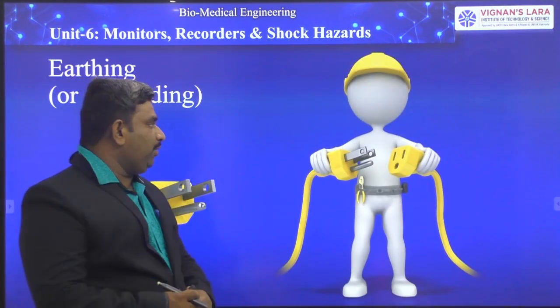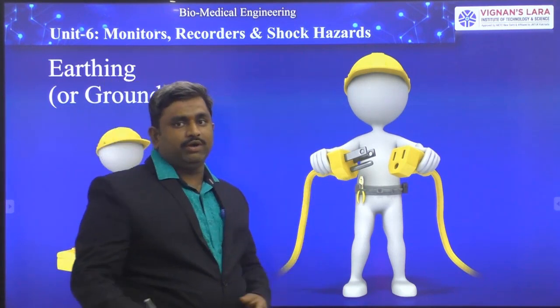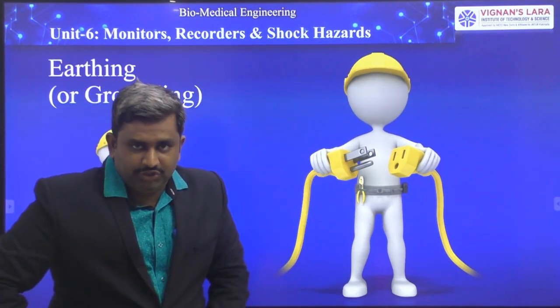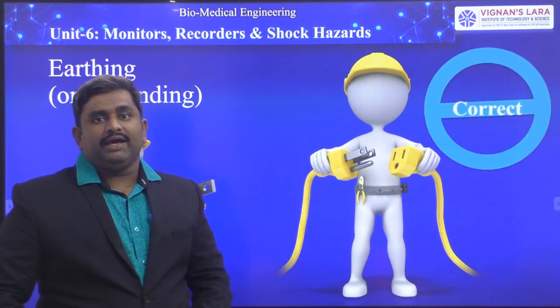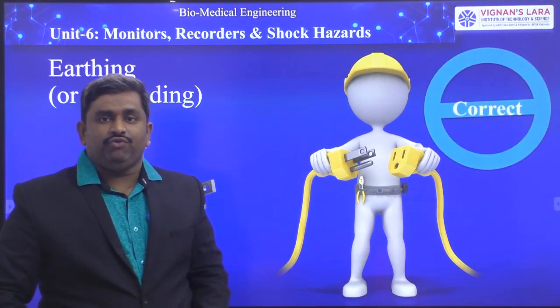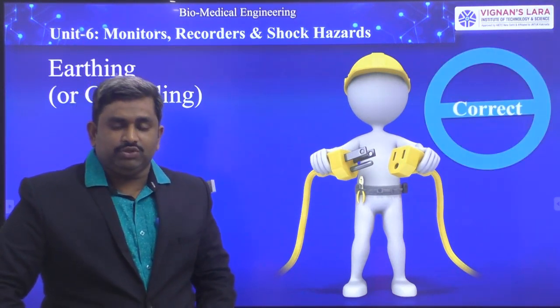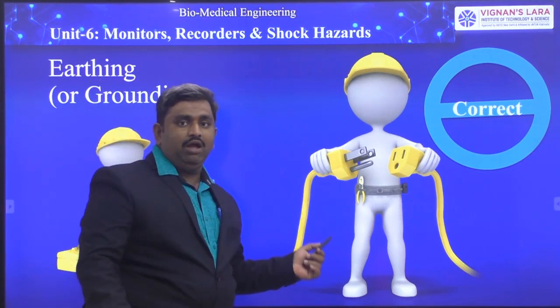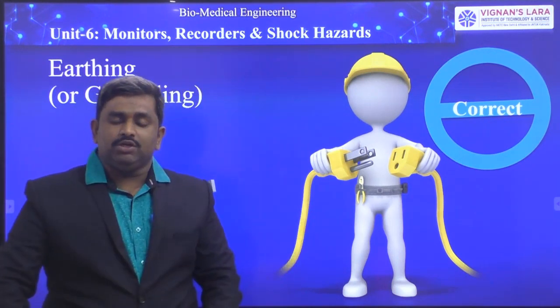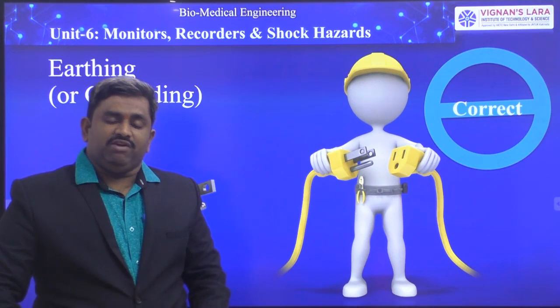So we have to connect the 3-pin sockets to all the machineries. This is the correct way of utilization and of connecting all the medical equipment to operate in a safe mode.